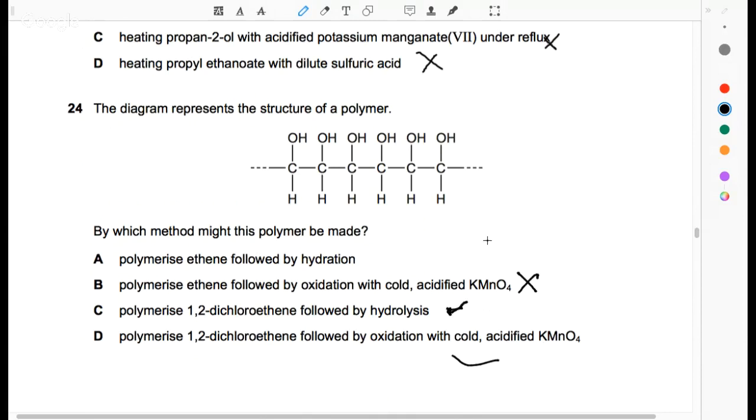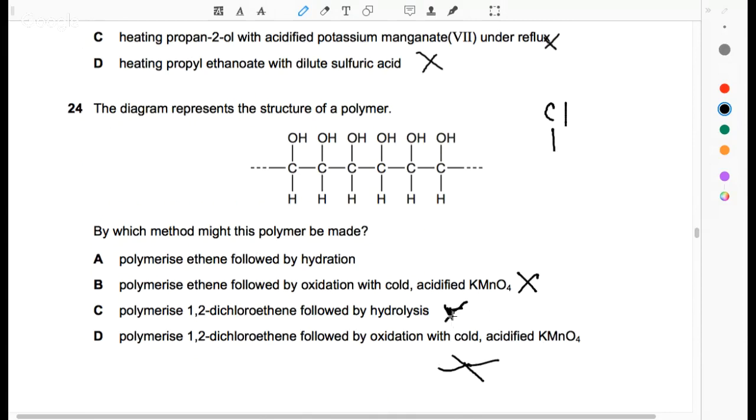So the alkane can't be hydrolyzed. How would an alkane be hydrolyzed? But the alkane would be a halogenoalkane. Oh, okay, I didn't see that. Right, I see what you mean.